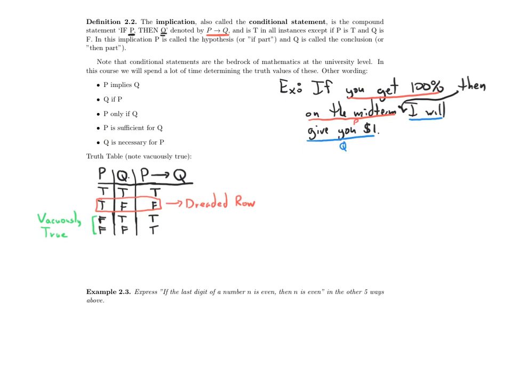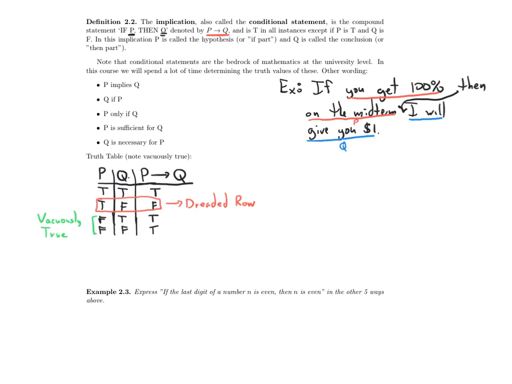You might see P is sufficient for Q, which means if you know P is true, then Q must be true. And Q is necessary for P, which means that for P to be true, Q must be true. These don't come up as often as if P then Q, but they're good to know.